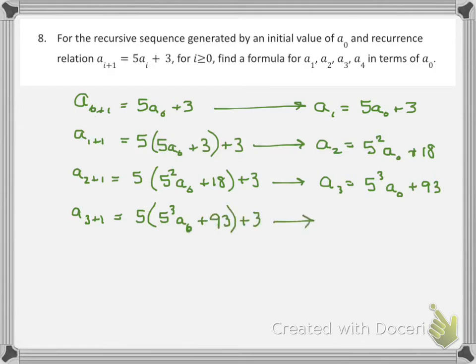And then that gives us a sub 4 is equal to, well, 5 times 5 cubed would be 5 to the 4th power, a sub 0, plus, well, 5 times 93, let's get a calculator for that one, 5 times 93 equals 465, and then add the other 3, 468, so plus 468 is the formula for the 4th round.